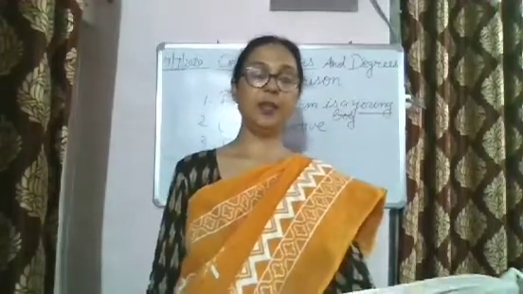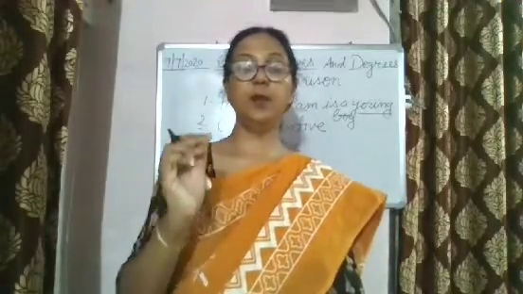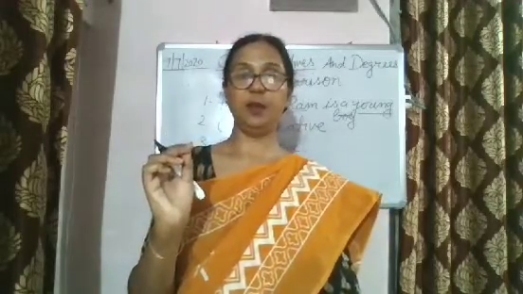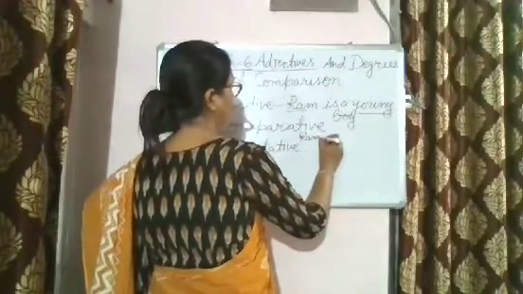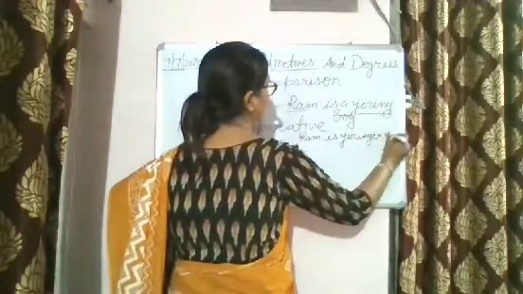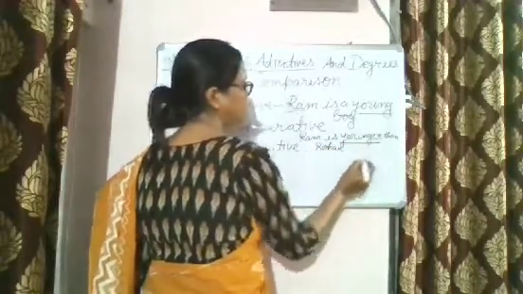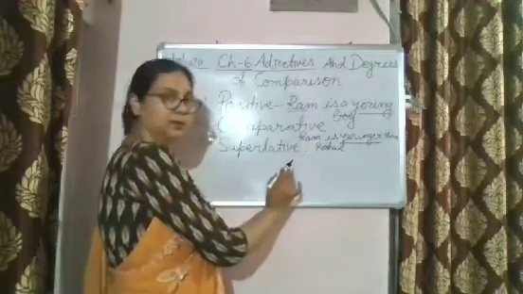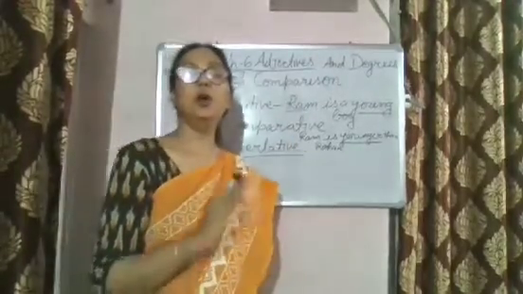Now comparative degree. An adjective is said to be in the comparative degree when it is used to compare two nouns or pronouns. Suppose, Ram is younger than Rohan. Here the word younger is comparative degree because we are comparing Ram to Rohan. Now superlative degree. Superlative degree means it is beyond any comparison.